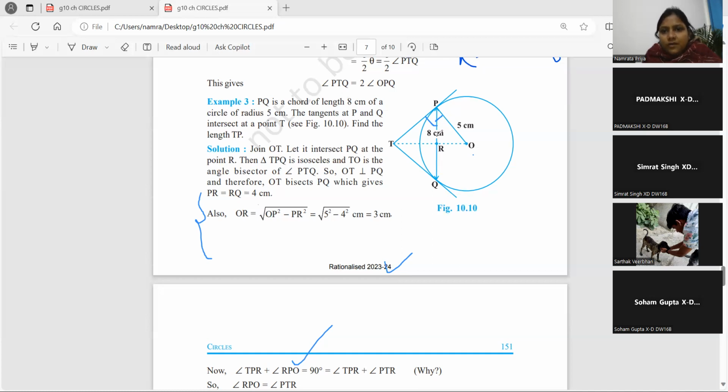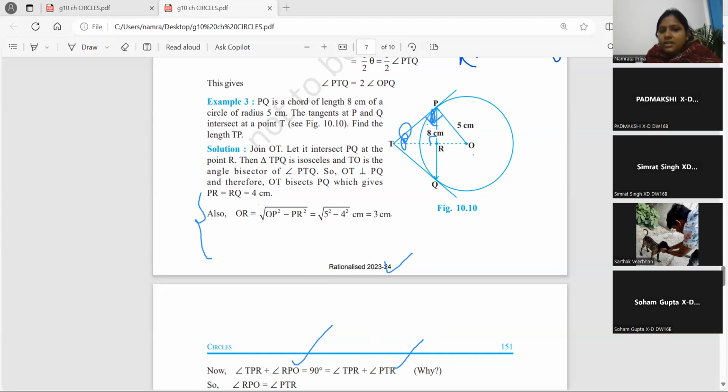Now, because you have already proved that this is 90 degree, in this right angle triangle PRT, these two angles, angle TPR and angle PTR, will add up to 90 degree.